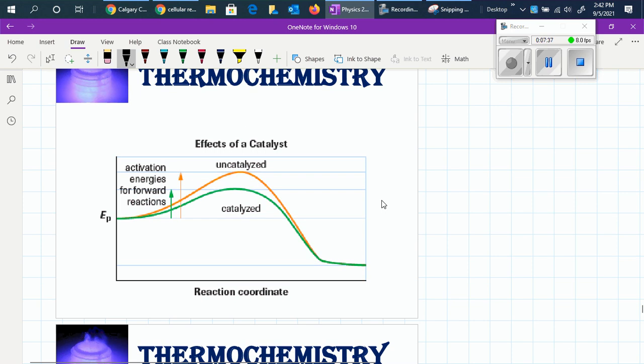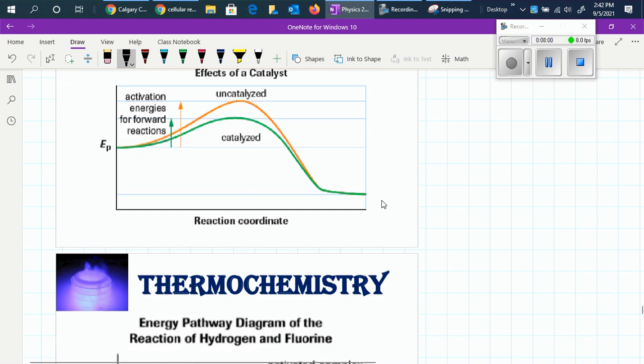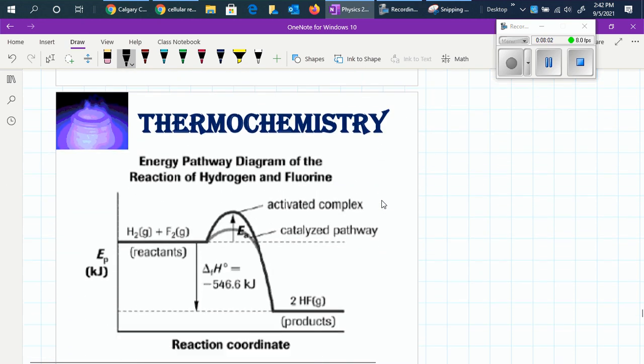If we have an uncatalyzed reaction happening, the spike of the activation energy is higher than when we have a catalyzed reaction happening. And what you have to keep in mind at the very end is what is final and what is initial. That is what is important in the reaction.